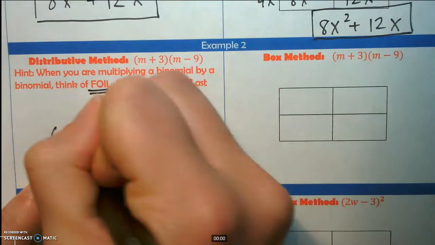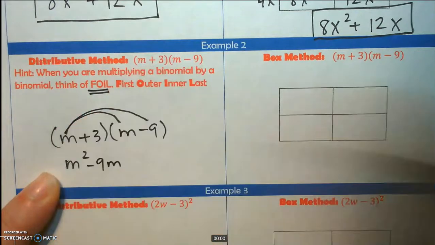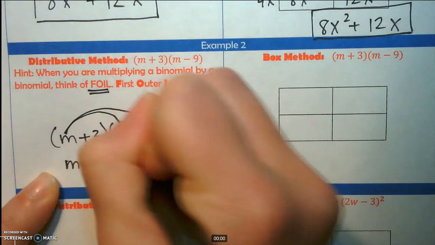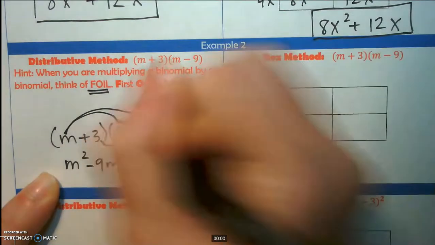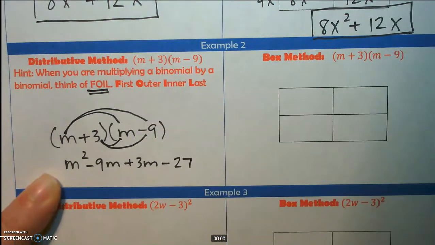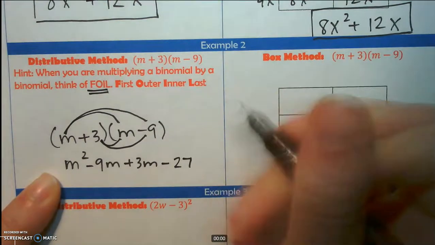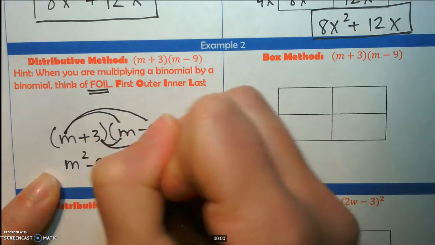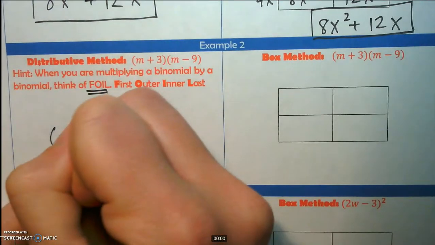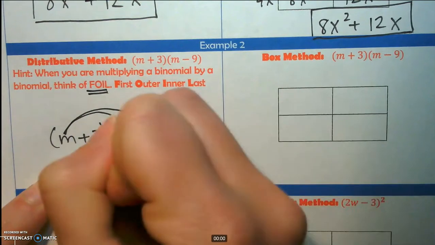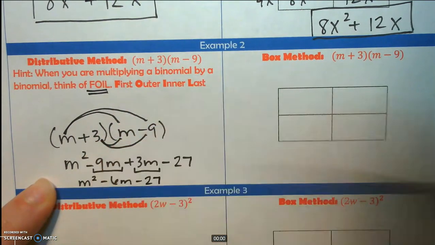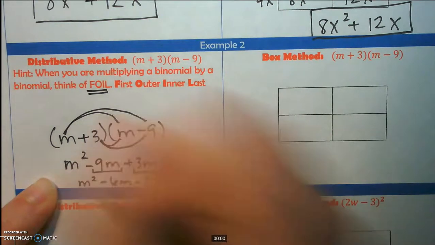Outer gives you negative 9m. Inner gives you positive 3m. And last gives you negative 27. I do see like terms that we could combine in this instance, so let's go ahead and combine those, giving us m squared minus 6m minus 27 as our final answer.